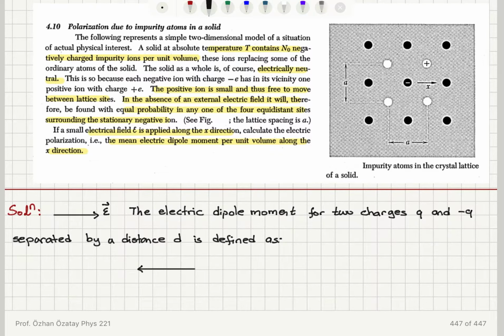This is a vector. It points from the charge minus Q to the charge plus Q, the polarization vector P, and the distance between these two charges is d. So magnitude wise, P is equal to Q times d, and direction wise it's pointing from negative to positive charge.